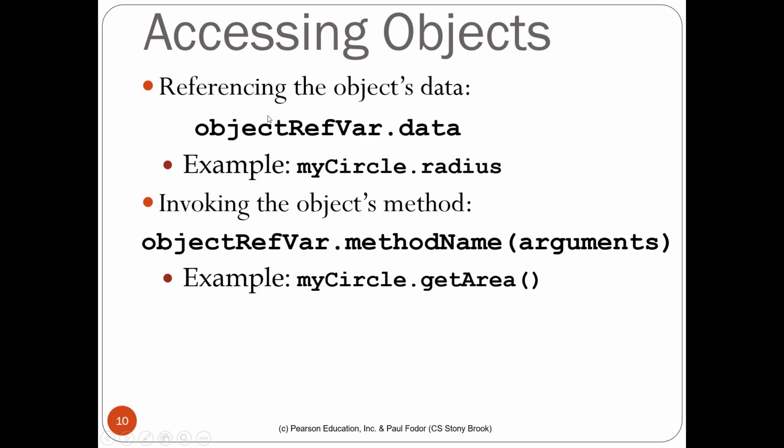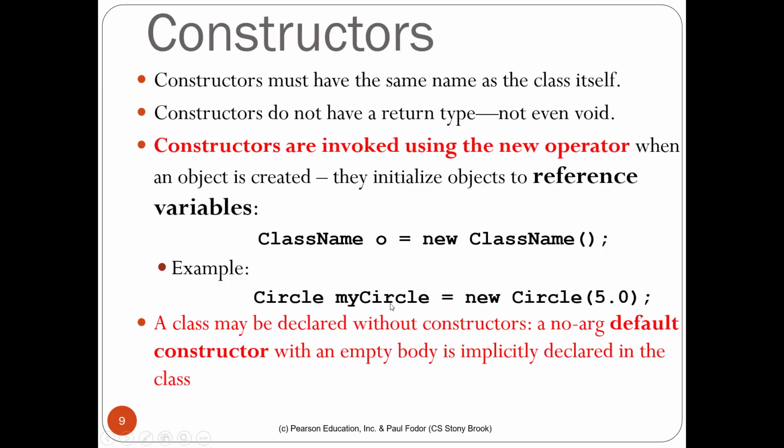We need to use those with a period followed by the data field. The data field was radius in our case. And what would be this thing? The name of the object that you had. So in the previous slide, we created myCircle.